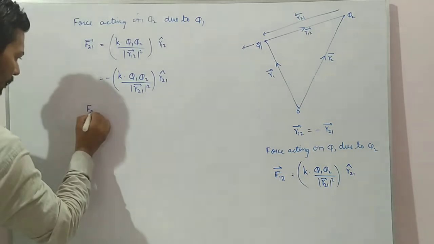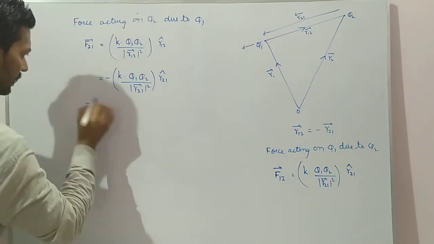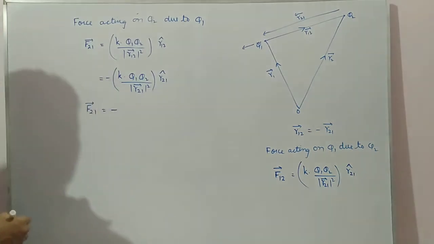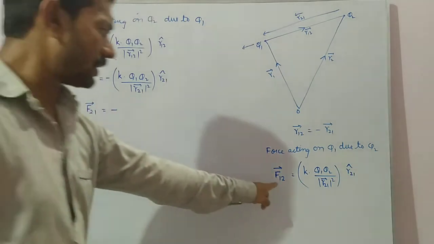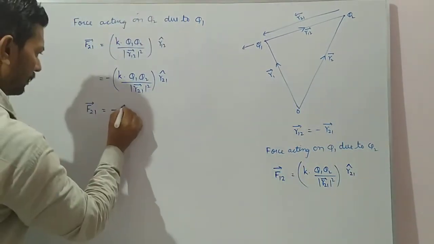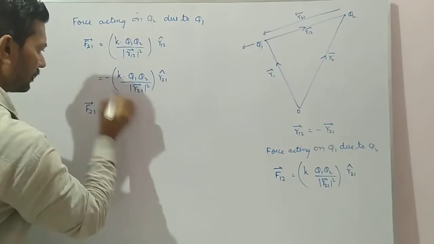So F21, the force acting on 2 due to 1, is equal to minus the force acting on 1 due to 2.